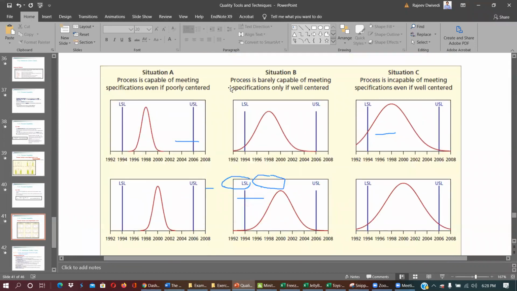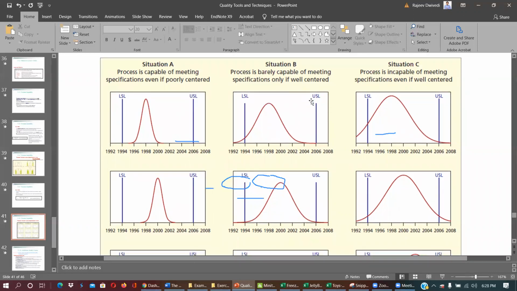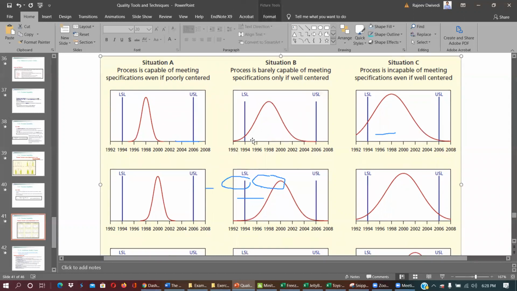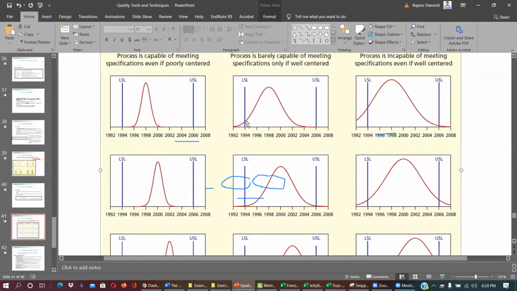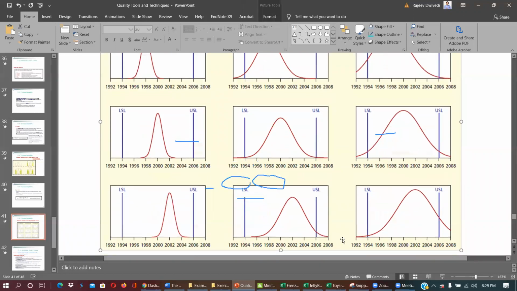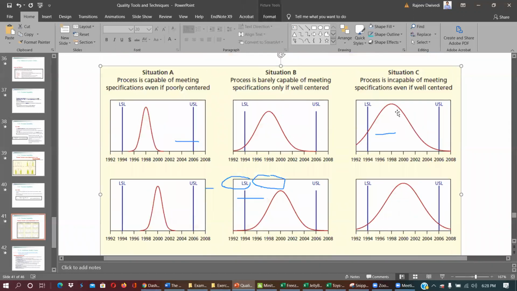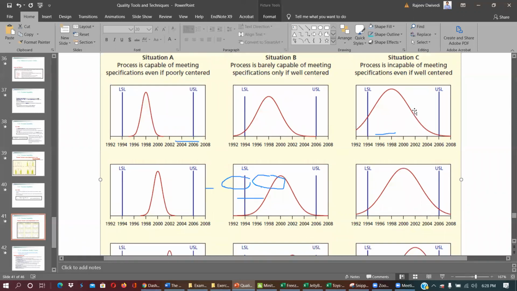Here, the process is barely capable of meeting specification, only if well centered. Only in this central case is the process able to meet the condition. In this case, it is going below the lower limit, and here it is going above the limit. Here, the process is incapable of meeting specification even if it is centered.